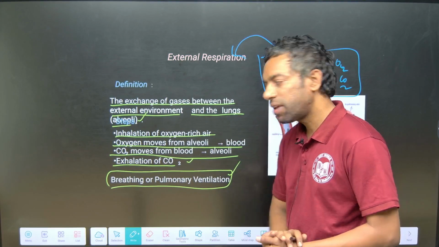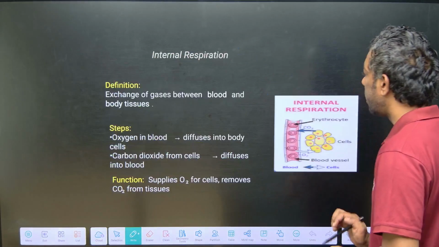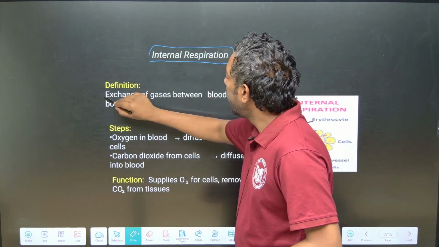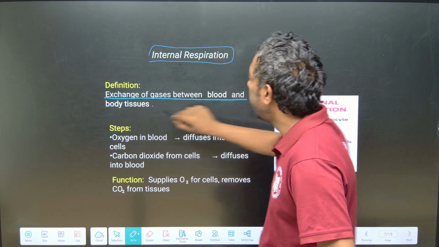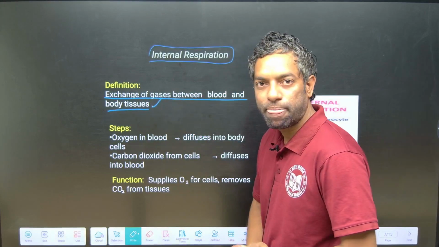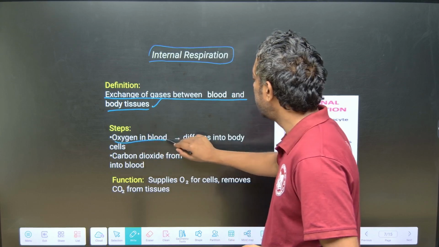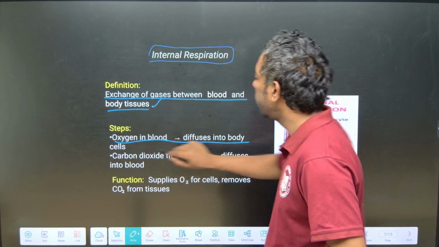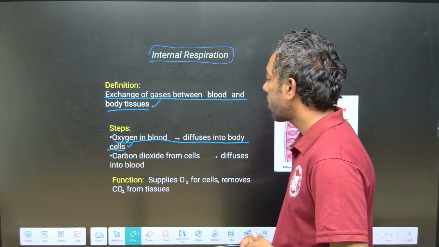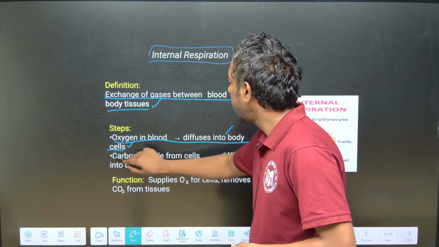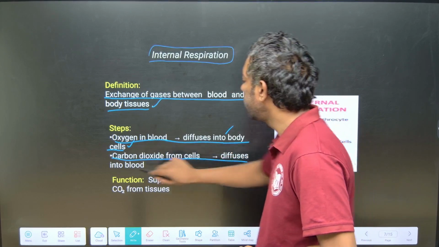Internal respiration is the exchange of gas between the blood vessel and body tissue. Steps: oxygen in the blood diffuses into the body cells, and the carbon dioxide from the cell diffuses into the blood.